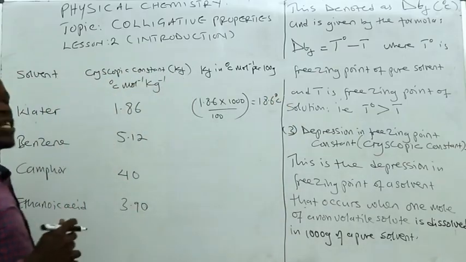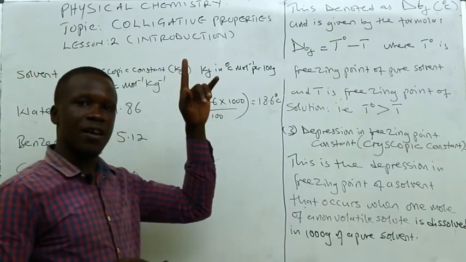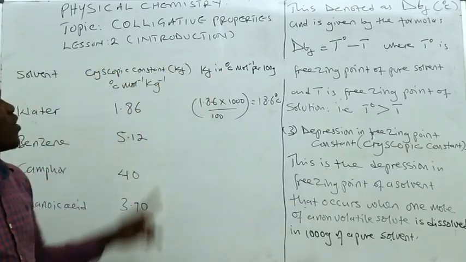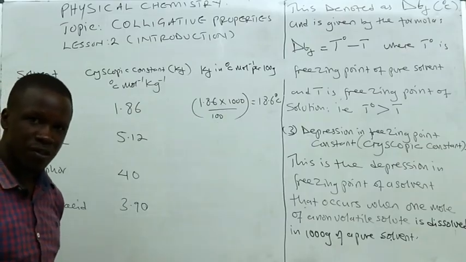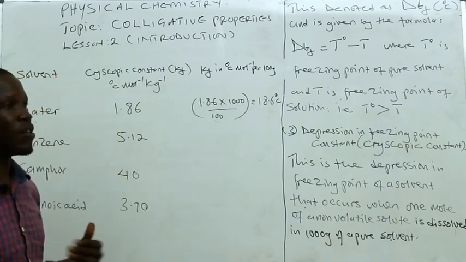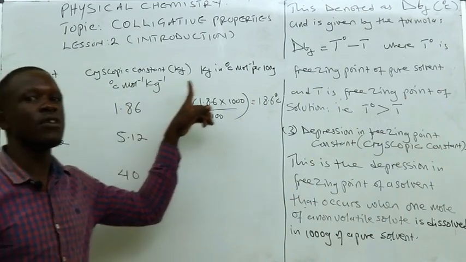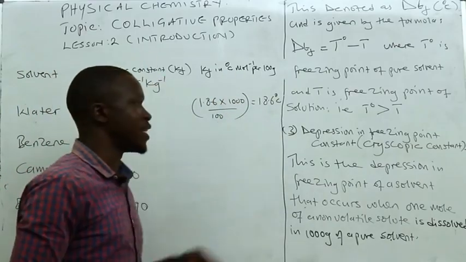In other words, the depression in freezing point is higher for smaller volumes of the solvent. If the volume of the solvent is 1,000 and it decreases 10 times, the depression in freezing point goes up 10 times.